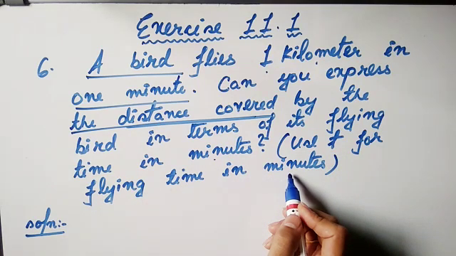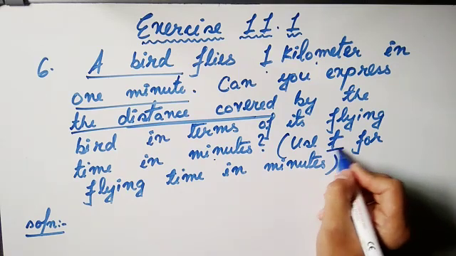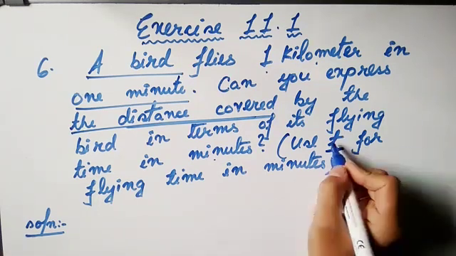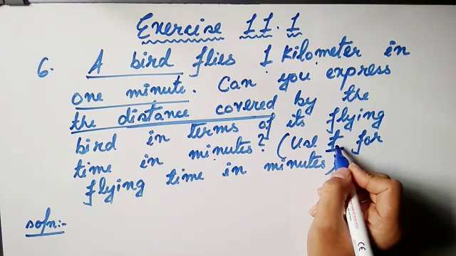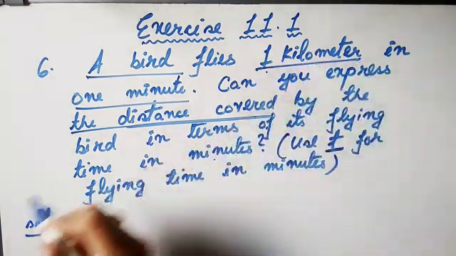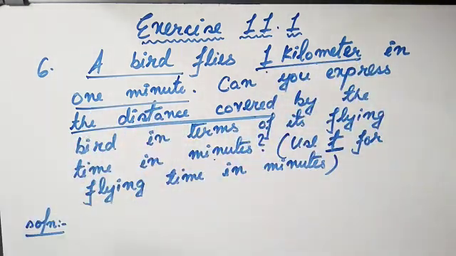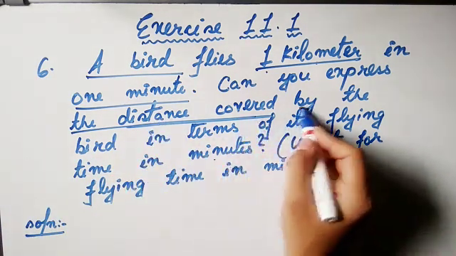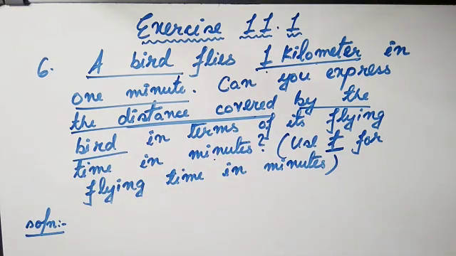So time taken by the bird will be the variable t. Understood? We cannot use any other variable. We have to use the variable t, which is given in the question. And the speed of the bird is 1 kilometer per minute. And what we need to find is the total distance covered by the bird.